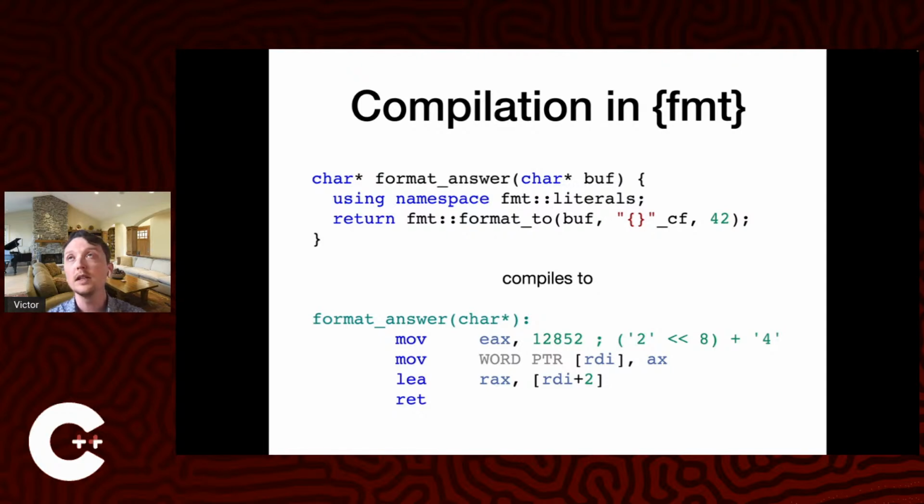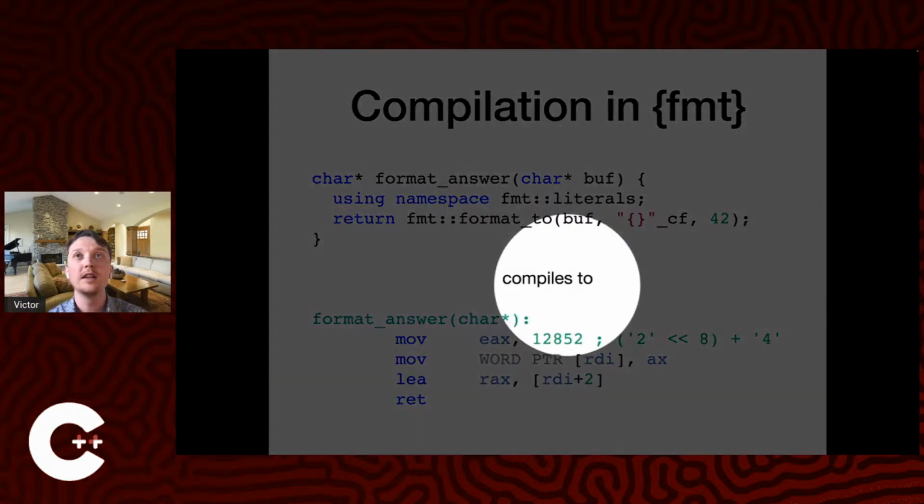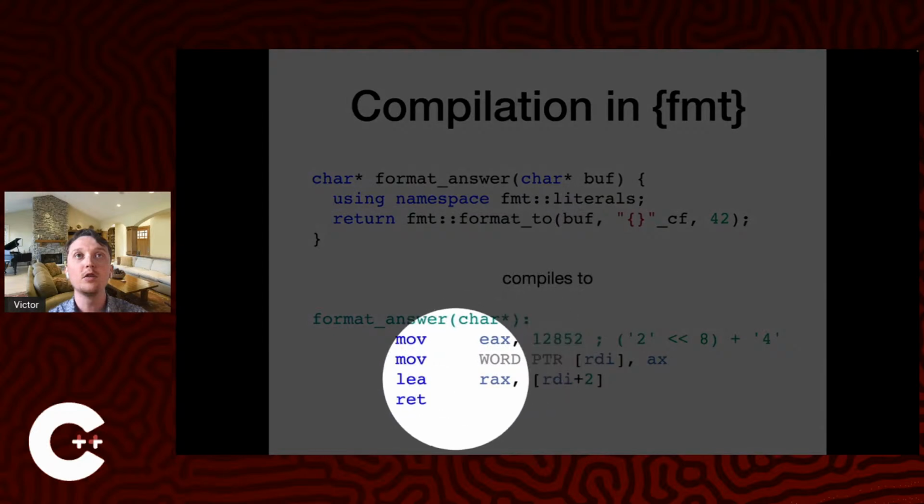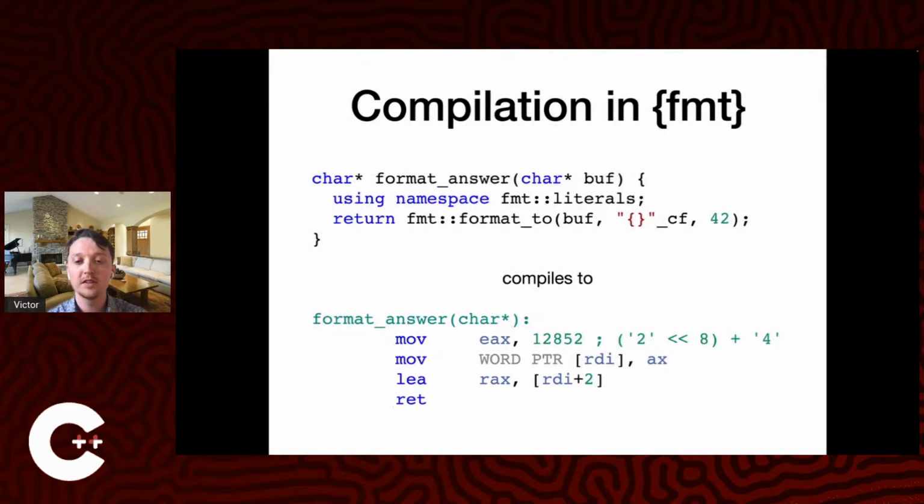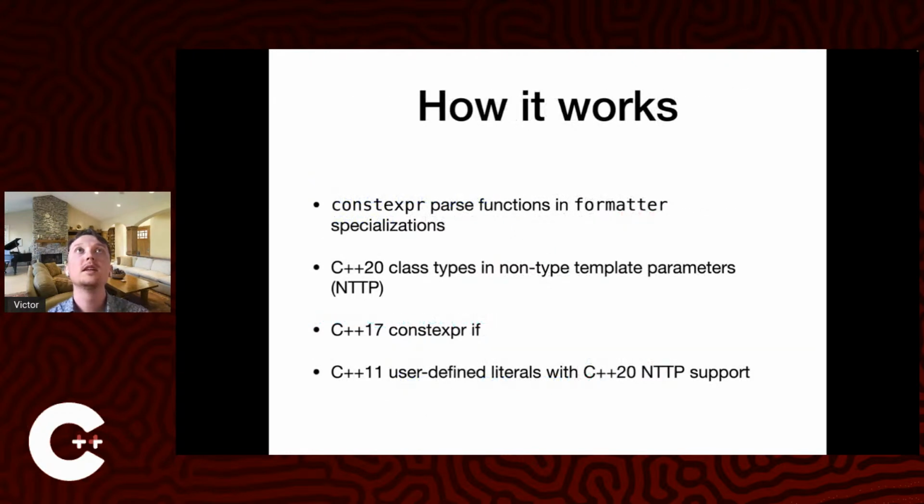So instead of parsing the format string and specs at runtime, it generates efficient code at compile time to format this. In this particular case, the code doesn't have any calls or anything. It just stores a string into buf, the output buffer. So it's like 4 instructions.